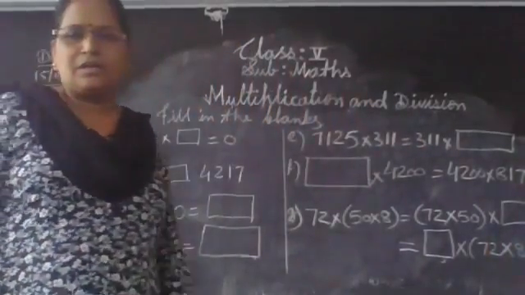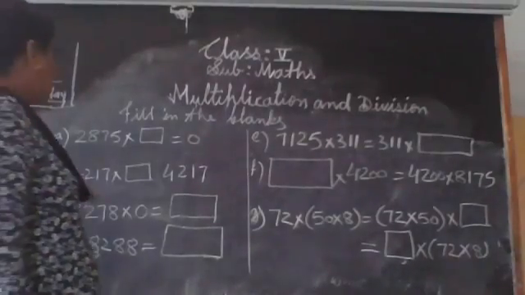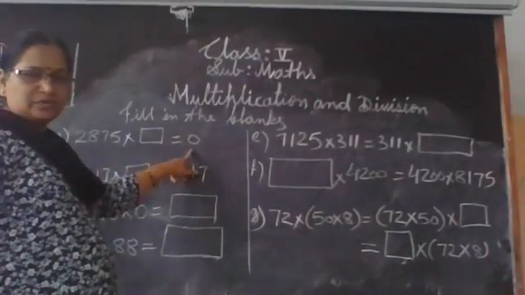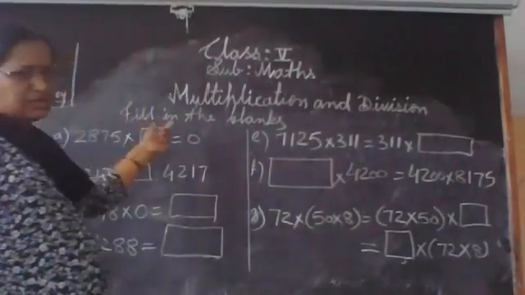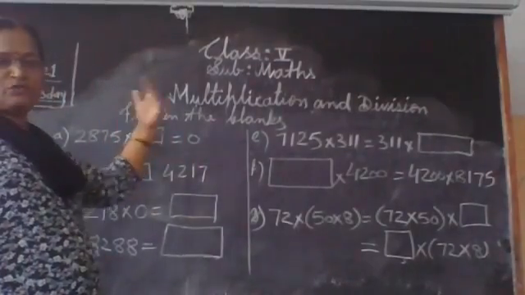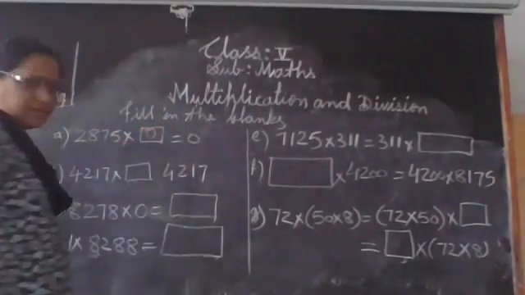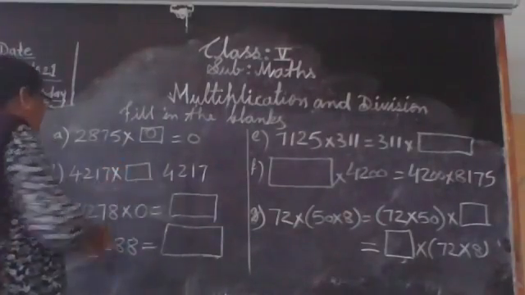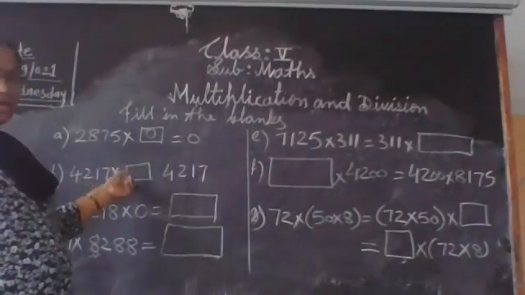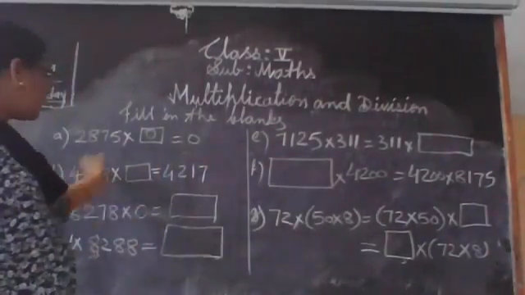So children, here you have to use the properties of multiplication. Say children, the answer is 0. See the second property. When any number is multiplied by 0, you will get the answer 0. So what should be here? Yes, here is 0. Now see children, this number is multiplied by an unknown number and the product is the same number.